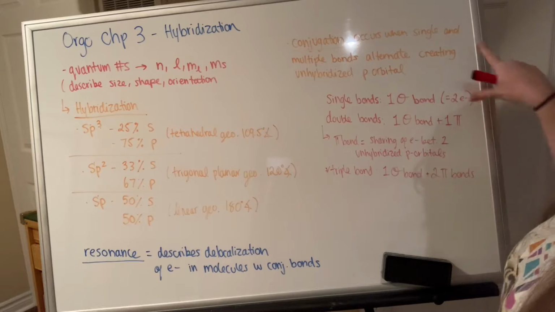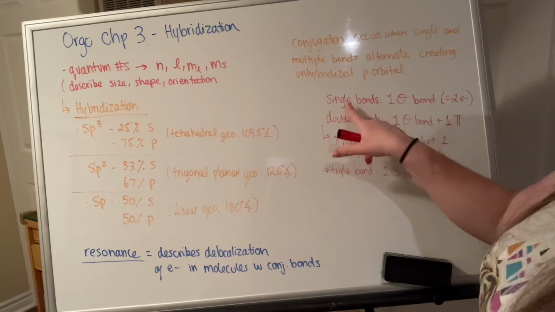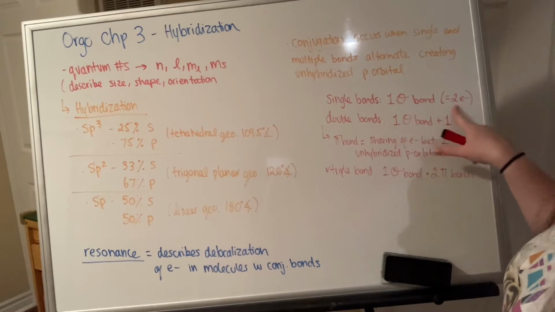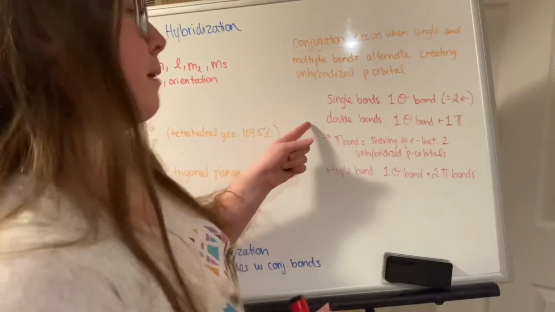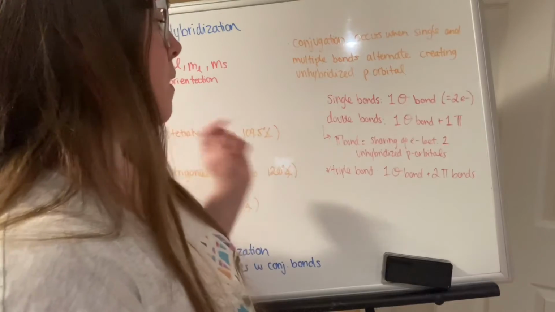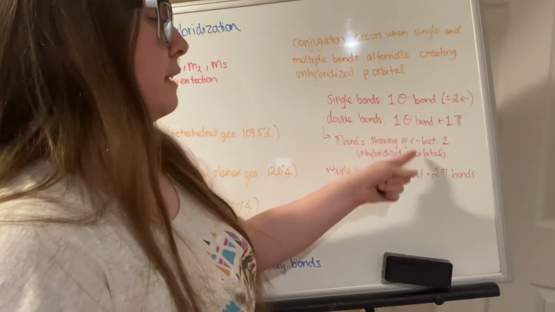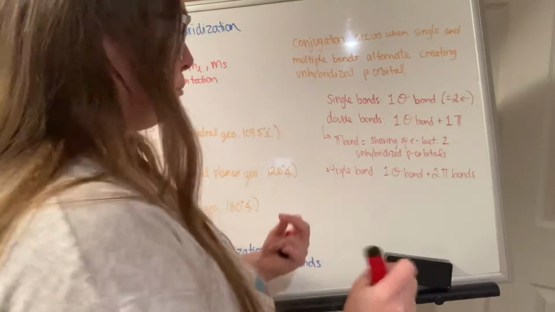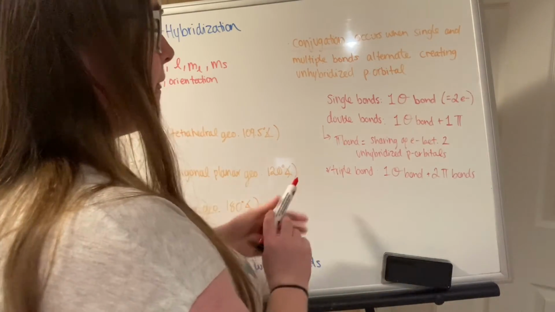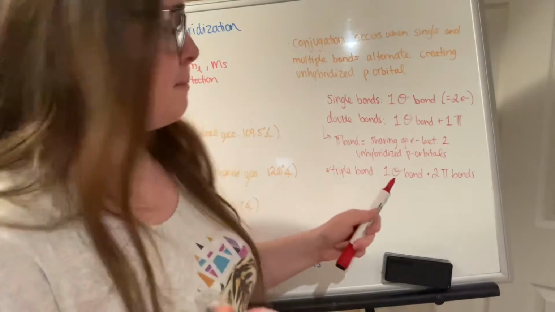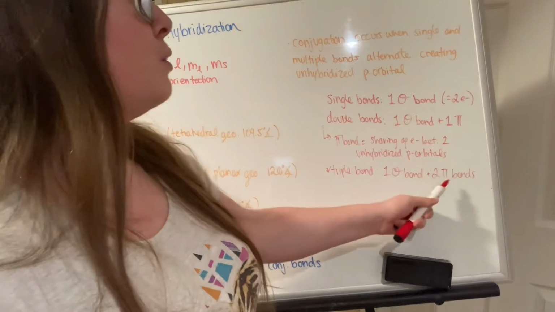So just a quick tidbit here about bond types. We have single bonds, which is 1 sigma bond, which represents 2 electrons. Then we have our double bonds, which is 1 sigma bond and 1 pi bond. A pi bond is a sharing of electrons between 2 unhybridized p orbitals. And then a triple bond would be 1 sigma bond plus 2 pi bonds.